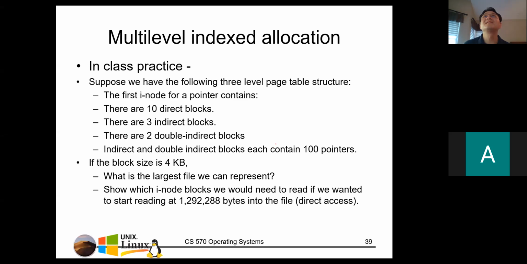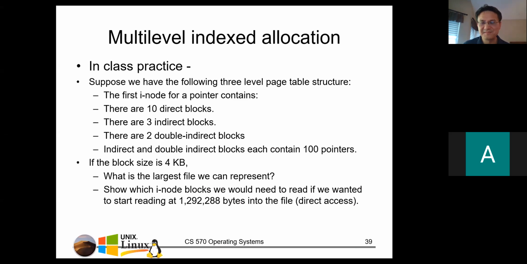Three indirect blocks, which each have 100 pointers to data blocks. Since we have 3 indirect blocks times 100 pointers, we basically have 300 pointers to data blocks, so 4 times 300, adding on to the 4 times 10.